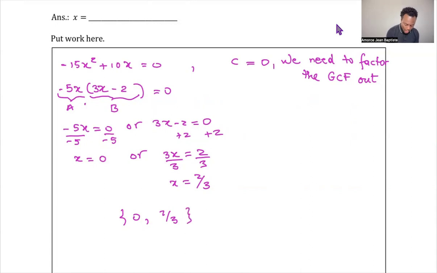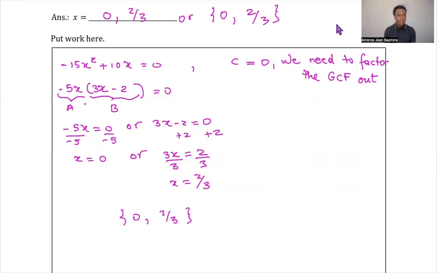And now I can list them as 0, 2/3, or give the solution set as they ask me here: 0 and 2/3. So this is to show you how the answers are important, but the work is more valuable for me than the actual answer, the steps.